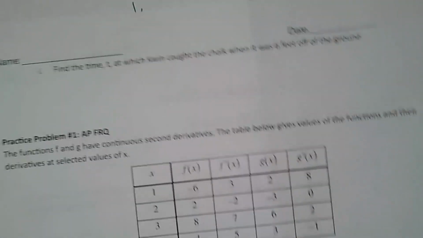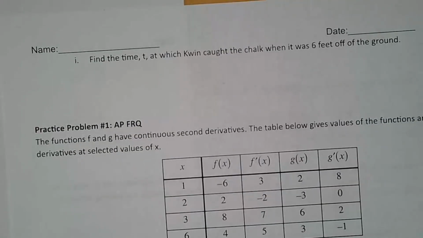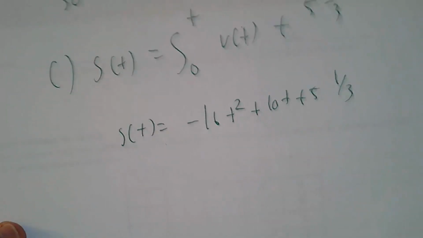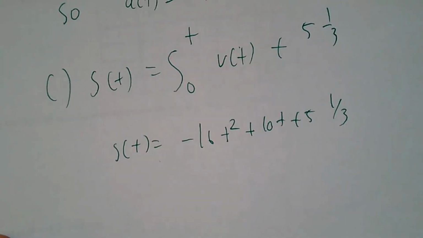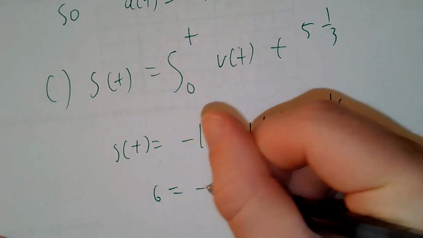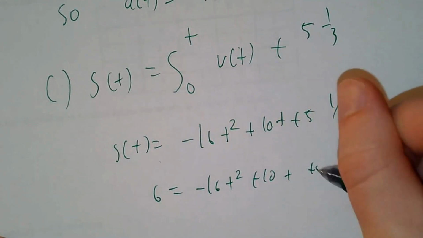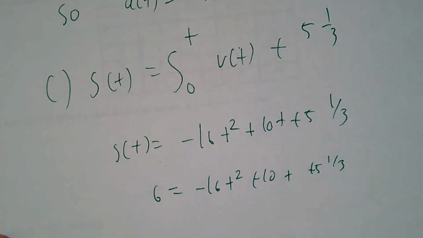Okay. D, the last one on the back here: find the time t at which Quinn caught the chalk when it was 6 feet off the ground. So here we have our position. Now we're going to set that position equal to 6 because it was 6 feet off the ground. So 6 equals negative 16t squared plus 10t plus 5 1/3.